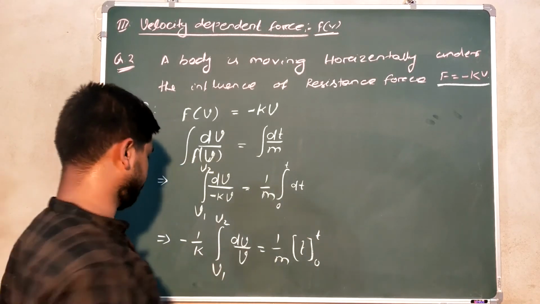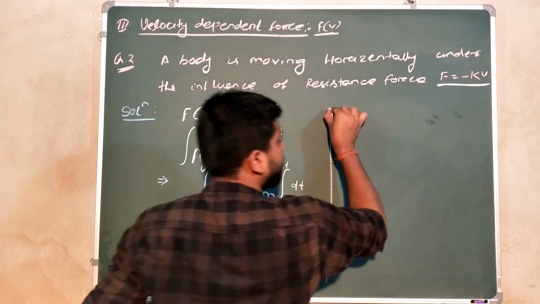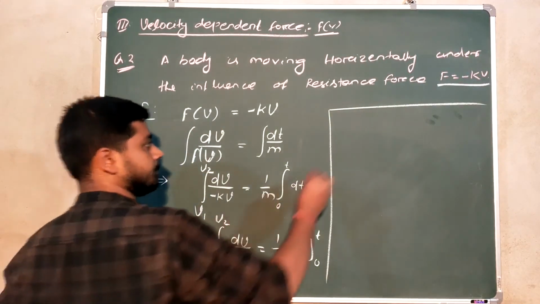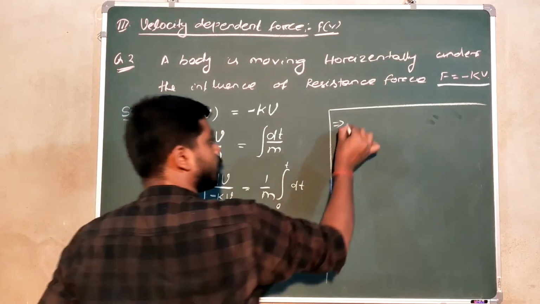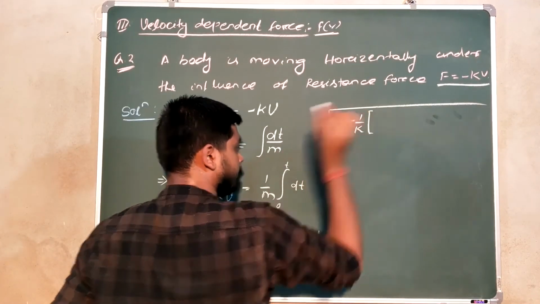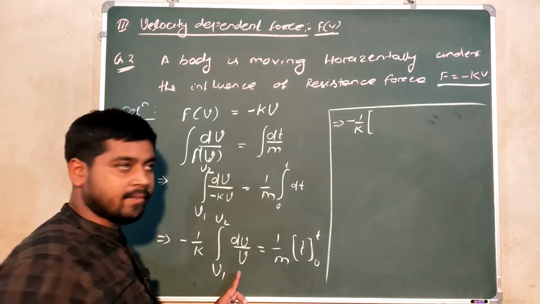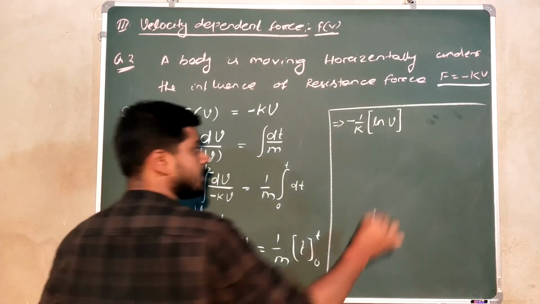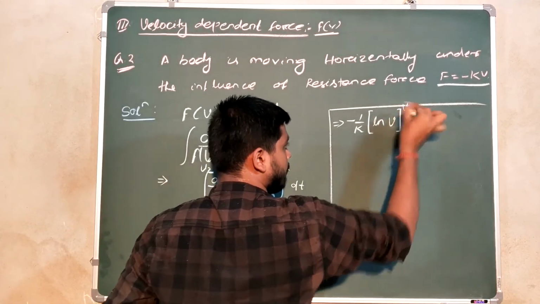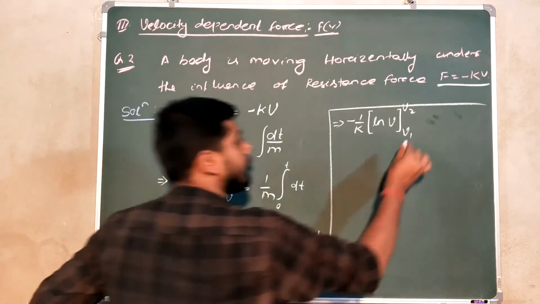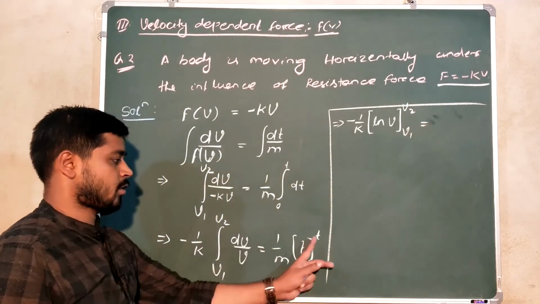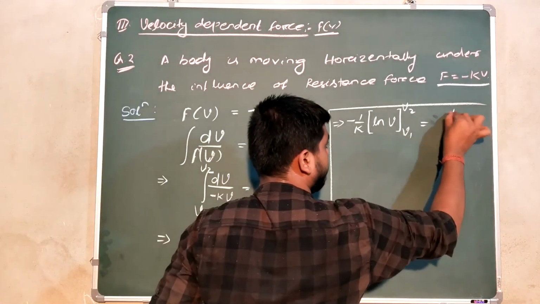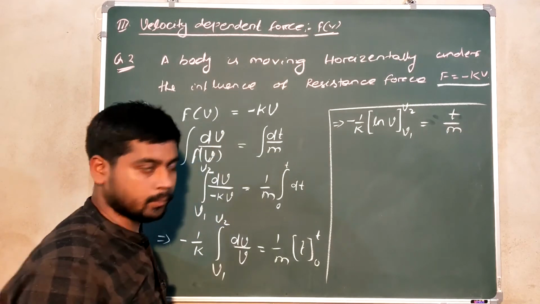Okay, then minus 1 by k as usual. Integration of 1 by v is ln v, with lower limit v1 and upper limit v2. Yes or no? Then equal to, first put upper limit t minus lower limit 0. That is t by m. Yes or no?